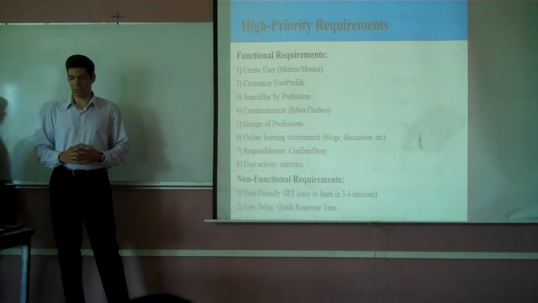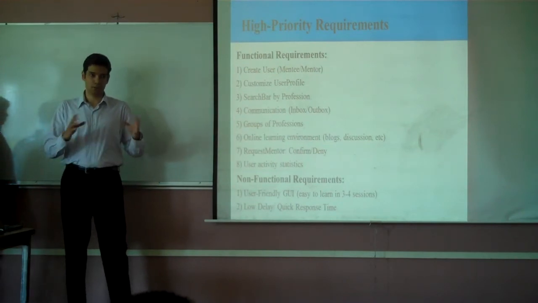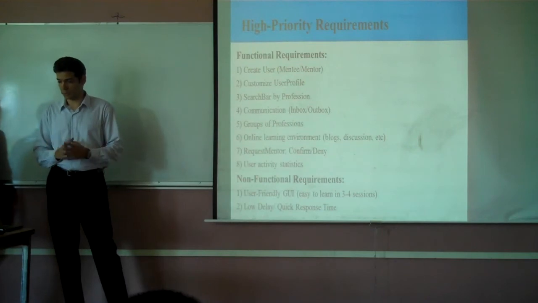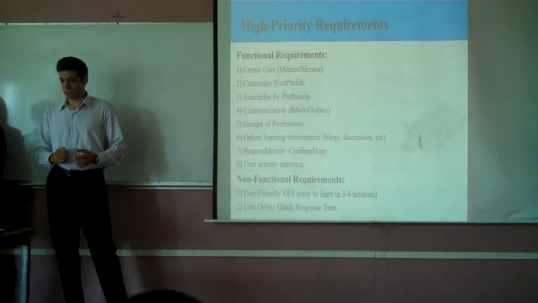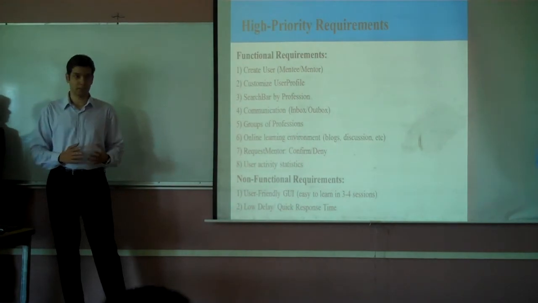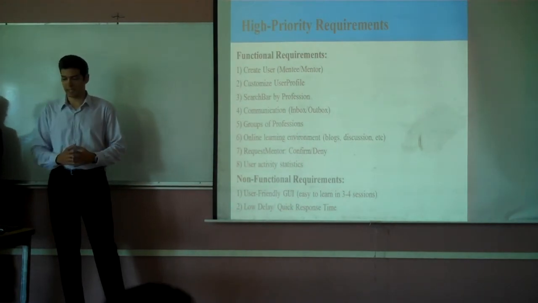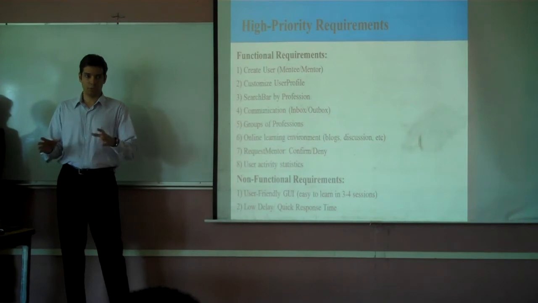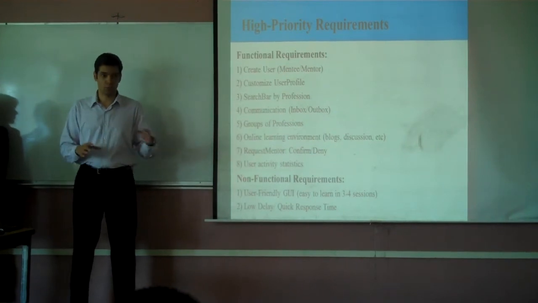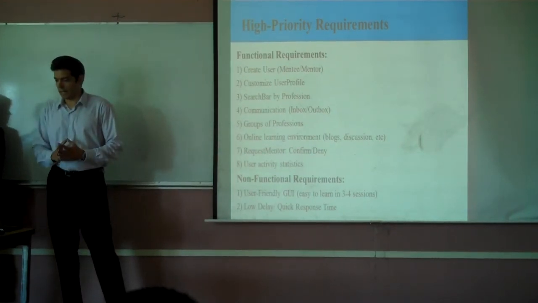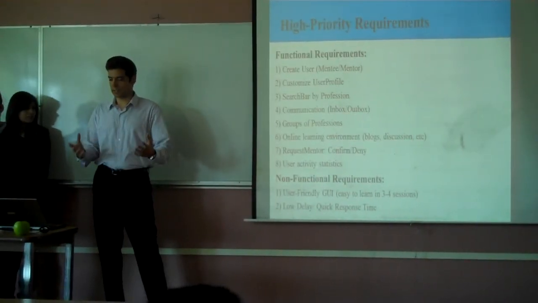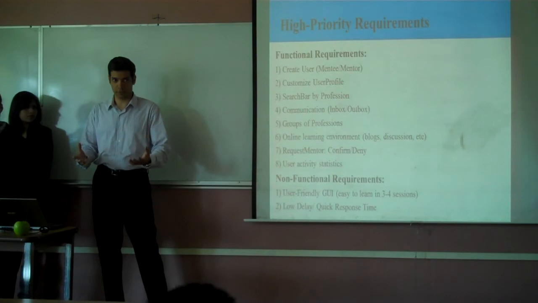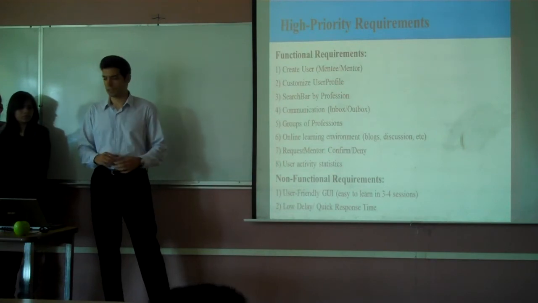It's basically about creating a user, customized user profile, search by profession and also a group of professions, request mentorship, and user activity statistics, which will be shown in more detail in the demo by Otku. And also we had non-functional requirements, which is mostly about designing a good, user-friendly platform that is easy to learn.